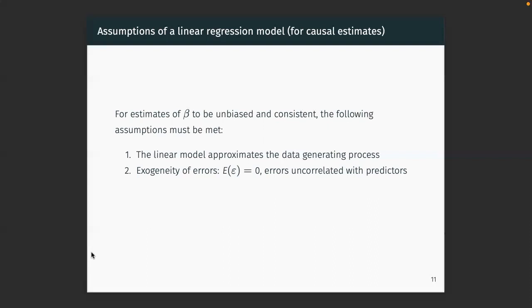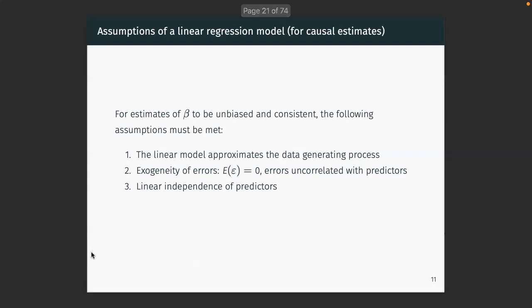That is, the value of our errors depends on the location of X. We cannot have that if we want to have good causal inference from a regression model. The reason we can't is because we're going to have bad standard errors if we don't meet this assumption, and our uncertainty estimates will be incorrect. Errors cannot be correlated with predictors.